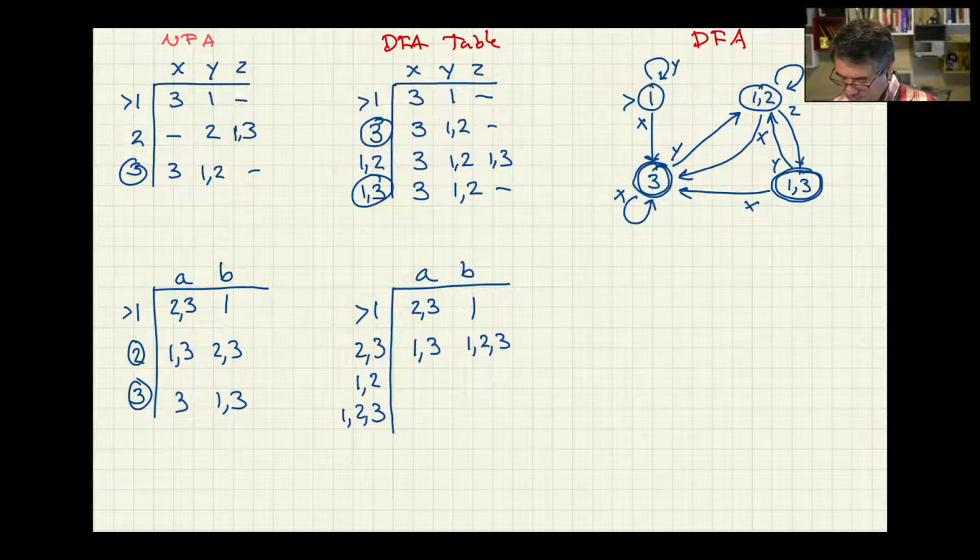Okay, so next, what are the 2 entries for the 1 and 2 row? So what goes under A and what goes under B?